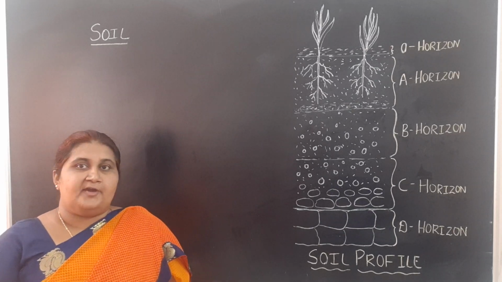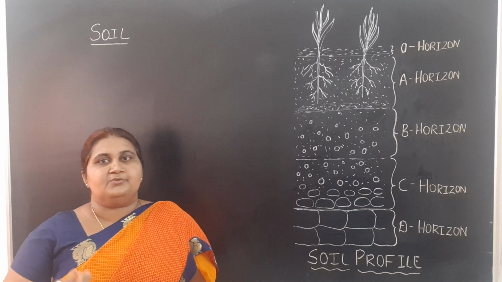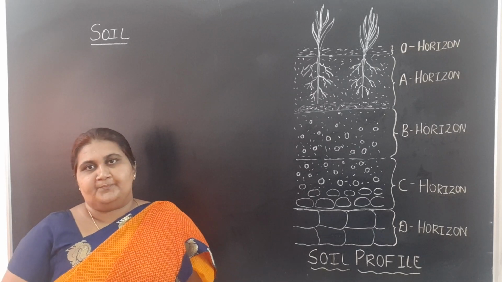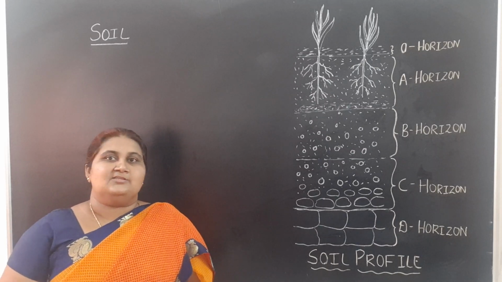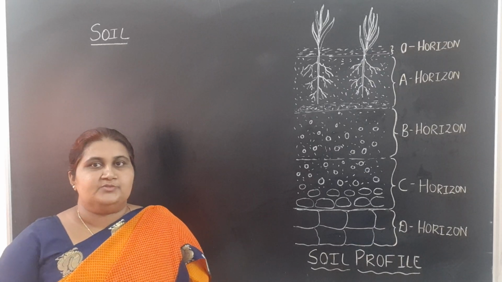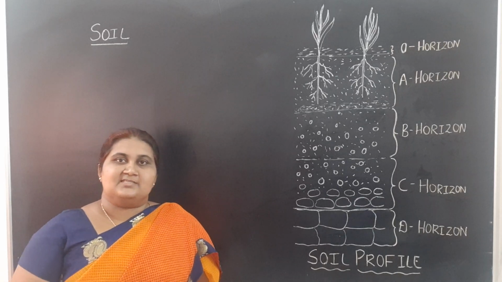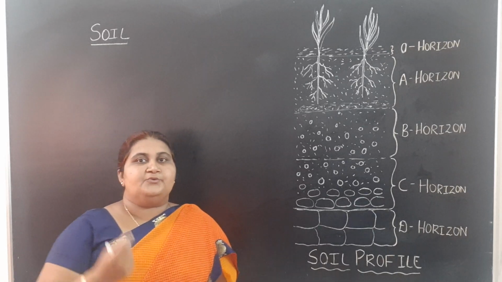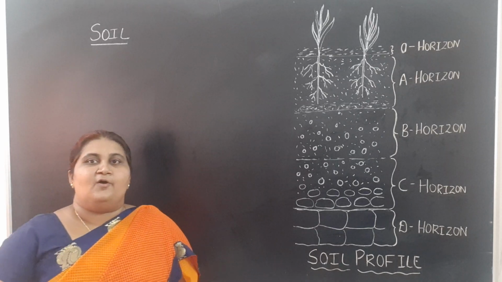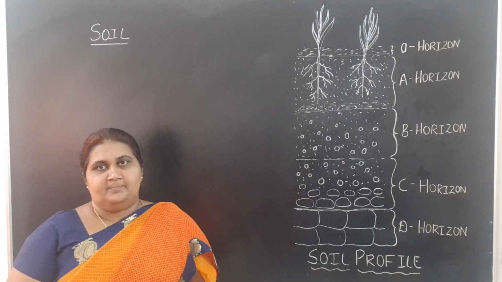Another is soil pH. Slightly acidic soil or neutral soil is ideal for plants to grow. Slightly alkaline soil is also good for plants like legumes, and is ideal for grasslands. But slightly acidic or neutral soil is ideal for forest, or agriculture purposes.